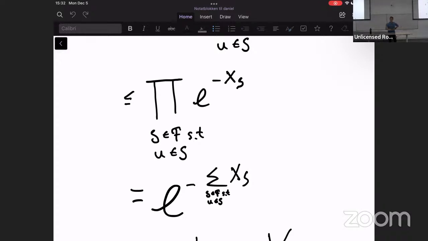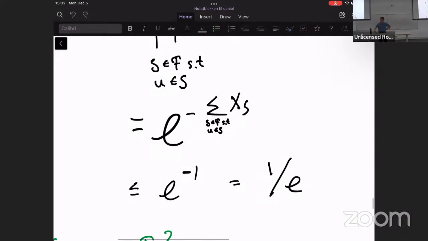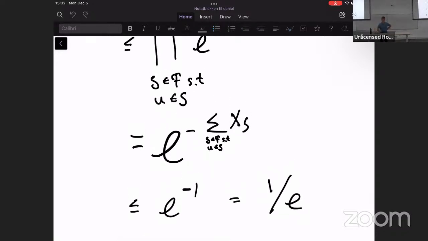So in particular, this is at most e to the minus 1, which is 1 over e. It tells us that for every fixed element, the probability that we didn't cover that element is at most 1 over e. So you cover a good fraction of the elements, but far from all.